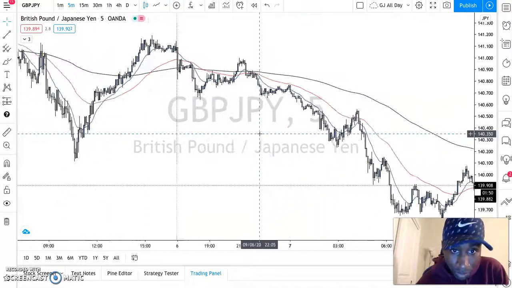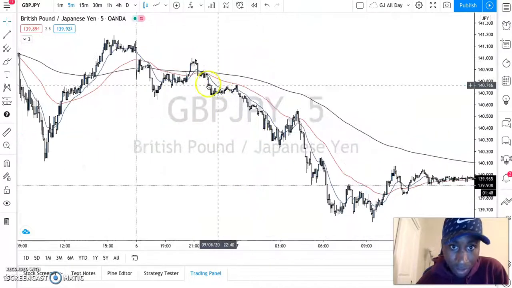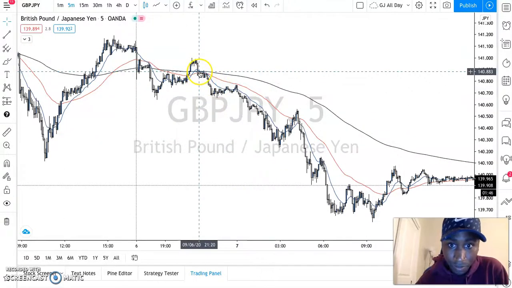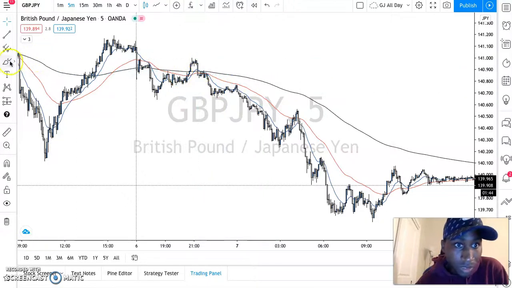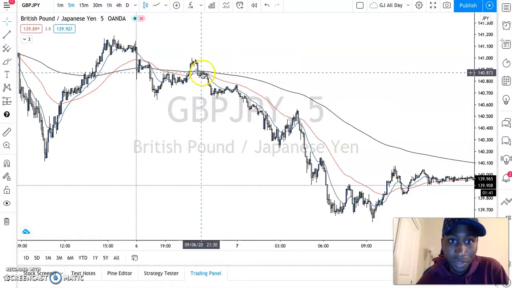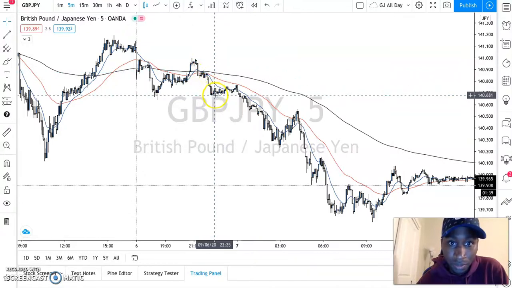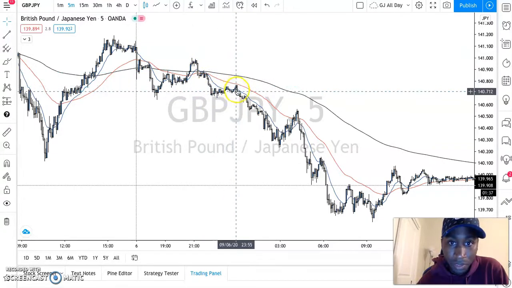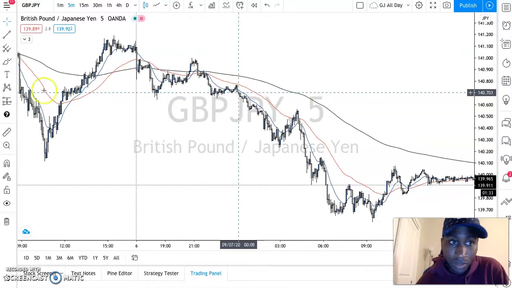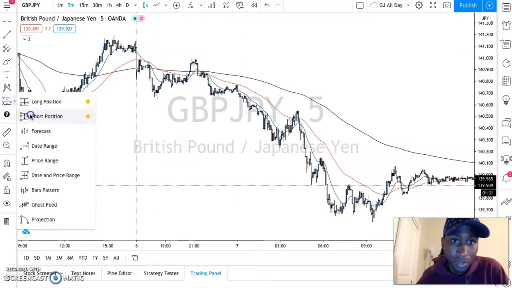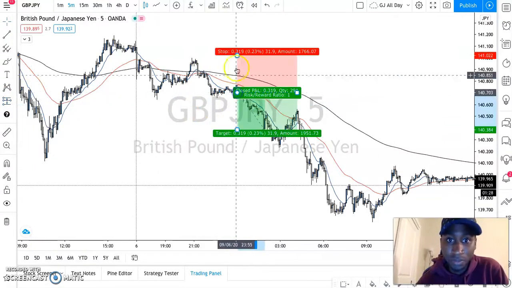So here's a great example of this. We had an EMA cross here, it broke, came back, retested, and this would be your entry. And then you take it to the next area of support.